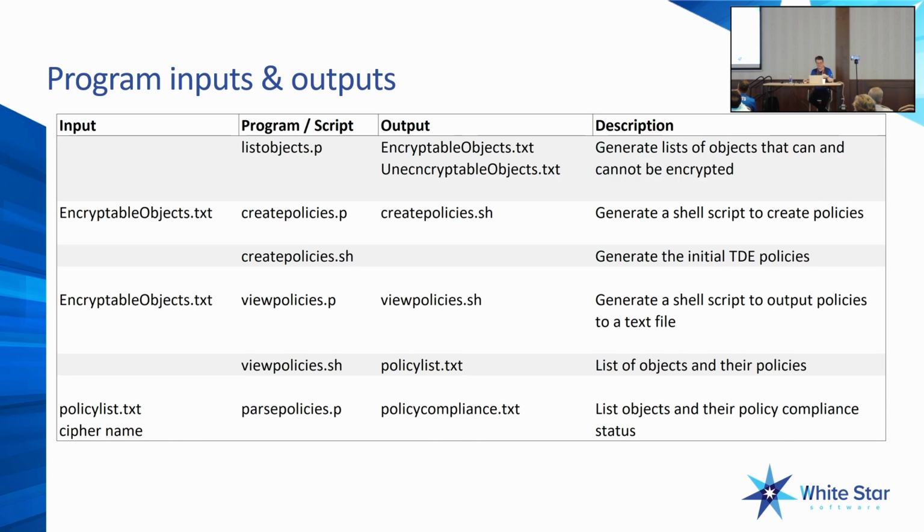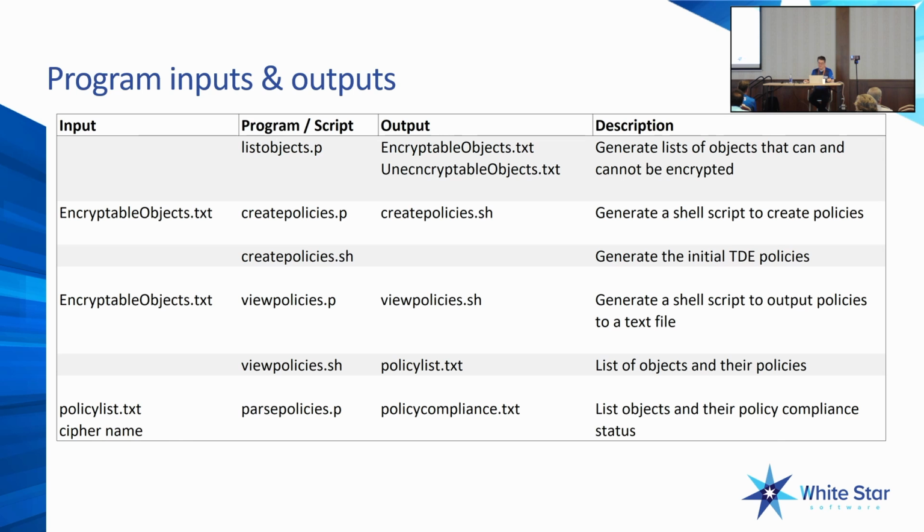And then next up, we've got a view policies program, which is going to emit proutil policy view commands in a shell script. You'll run that to get a list of all of your objects and their policies, if any.